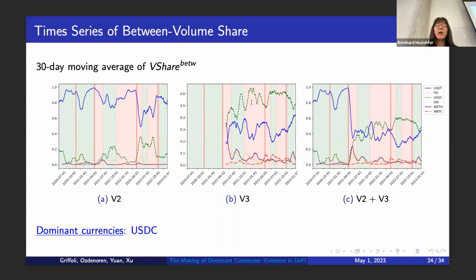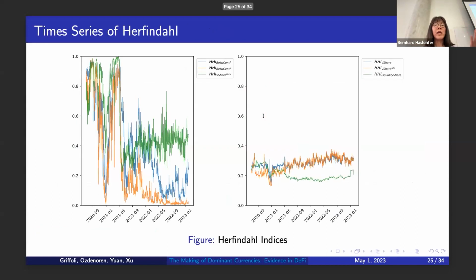From V3, USDC volume share is much larger than ETH. It took over, at least in terms of volume share, which means it's intermediating a lot of large volume trades.